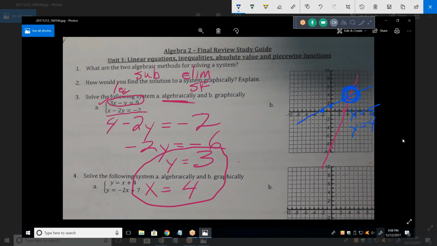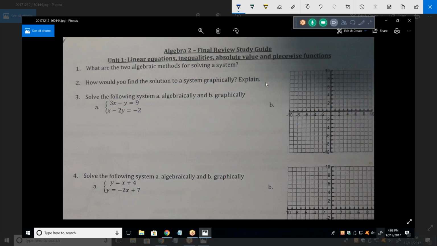And this just shows you that the graphing method isn't real accurate. Had I used a straight edge, I'd have probably been on the grid at 4, 3. Not a method I particularly like, but they tell you to do it that way. So in other words, they want us to do it algebraically and graphically.